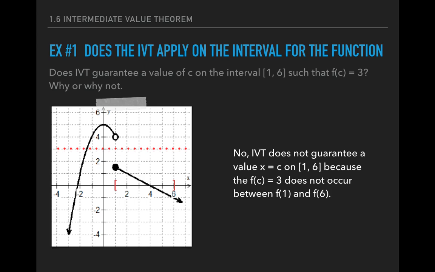So you're not going to be able to find a value between 1.5 and -1 that is 3 by our theorem here. Yes, it's continuous on that interval, and yes, f at A doesn't equal f at B, but K is not going to be able to fall between f at 1 and f at 6.